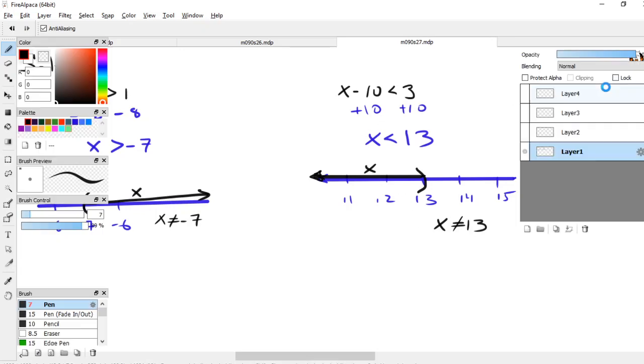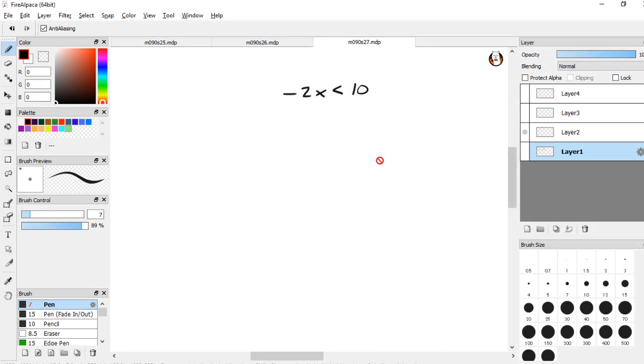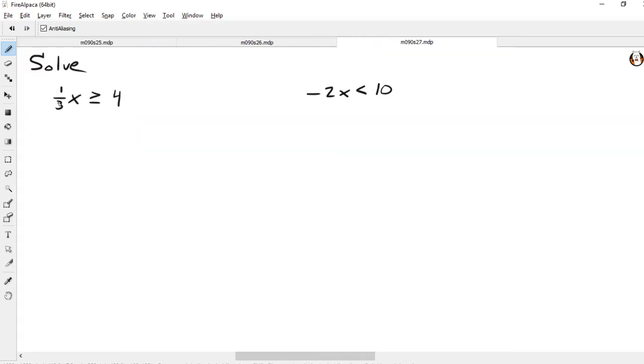What about multiplication? Say we have to solve 1/3 of x is greater than or equal to 4. To do that, we're going to do 3 times 1/3 to get just x. But we've got to do that to both sides. So we'll get that x has to be greater than or equal to 12.